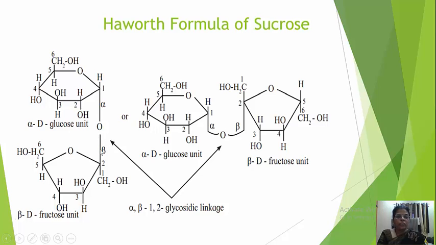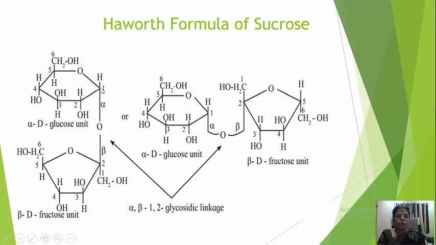This linkage is formed between the alpha and beta hydroxy groups of glucose and fructose respectively, and therefore it is called an alpha beta 1,2 glycosidic linkage. Alpha means the OH group of alpha D glucose and beta means the OH group of beta D fructose.